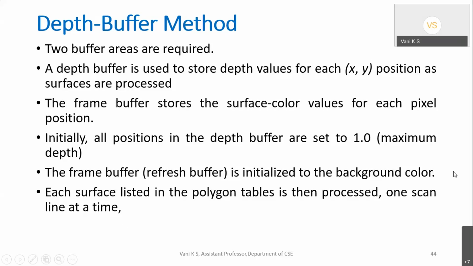Whatever background color you set up, the frame buffer is nothing but a memory of some size like 10 by 10. All the pixel values in it will be initialized to the background color values. And then all the contents of the depth buffer will be set to 1.0. This 1.0 we call the maximum depth, and the least, 0.0, is the minimum depth.